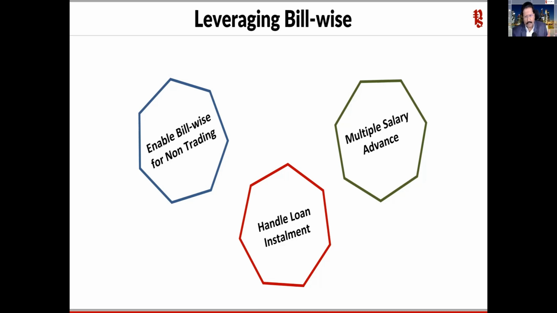So some companies have multiple loan facilities or advance facilities for their employees' welfare. For example, in your organization you might have emergency loan, medical loan, vehicle loan, festival loan. So various kinds of loans are there.